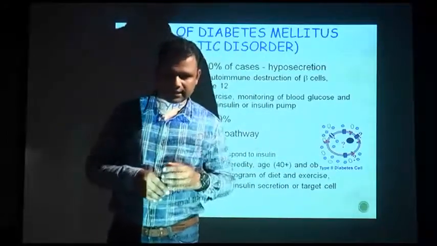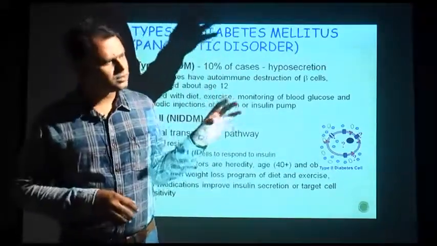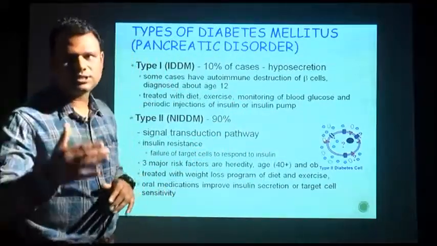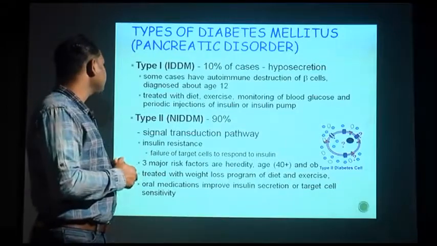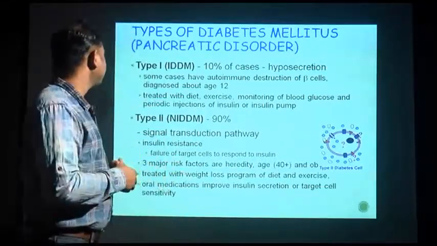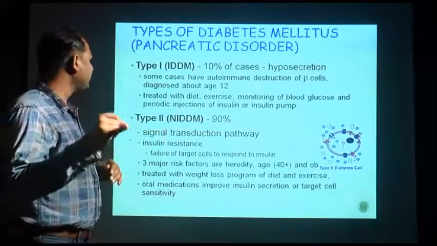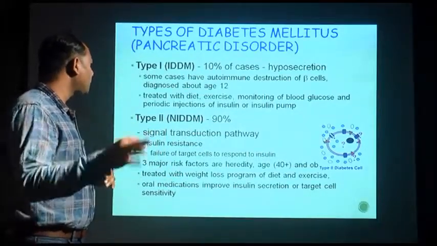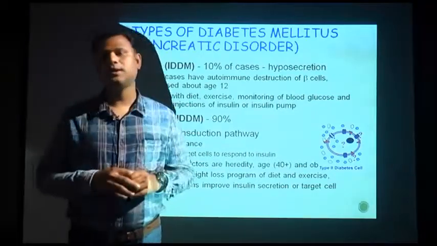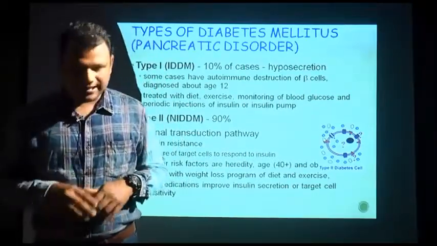This destruction happens at the age of 12 actually, that means just before attaining puberty. This can be treated easily, with diet, exercise, monitoring blood glucose, and periodic injections of insulin and insulin pumps. Okay. So this can be manageable.